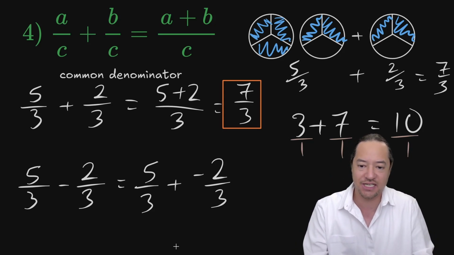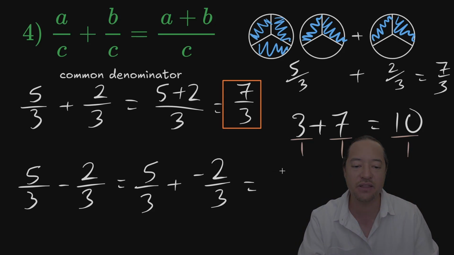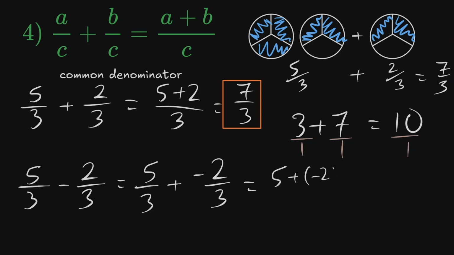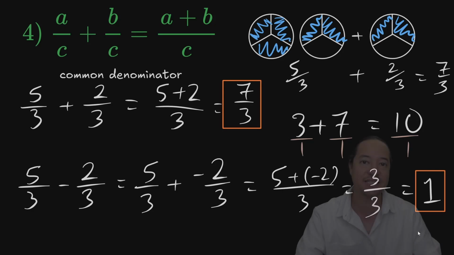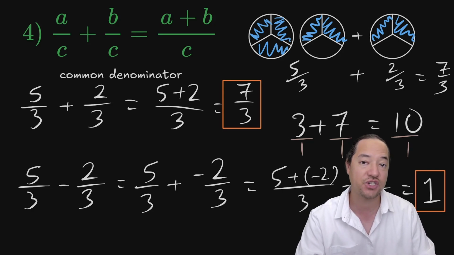And now it's just addition, so this is 5 plus negative 2 over 3, which is the same as 5 minus 2, which is 3 over 3. And using our first property, we know we can cancel out these 3's because 3 over 3 is the same as just 1. So this subtraction winds up equaling 1.